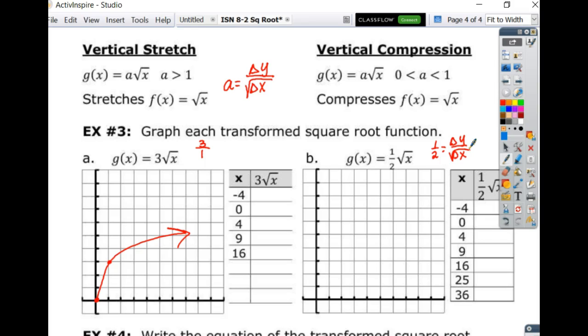How many do I go over to get a 2? What is the square root? It's 4. Oh my gosh, you're going to have to use all your fingers this time. So watch. If I go up 1, I have to take the square root of the number to get 2. So the square root of 4 is 2. So I'm going to go up 1.